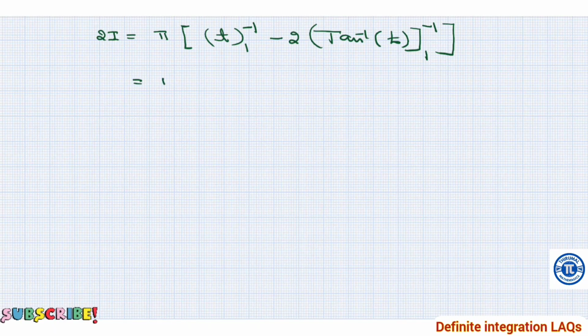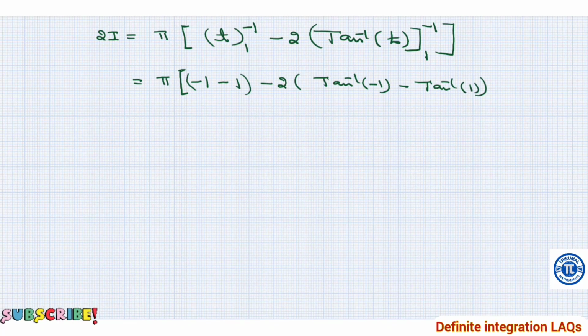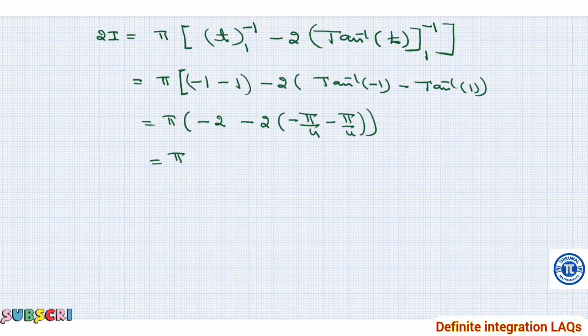Now apply the limits: pi into, first, the upper limit minus the lower limit gives minus 1 minus 1, which is minus 2, next minus 2 into tan inverse of minus 1 minus tan inverse of 1. So it equals pi into minus 2, minus 2 of minus pi by 4 minus pi by 4, which is minus 2 plus 2 of pi by 4 plus pi by 4, which is pi by 2.